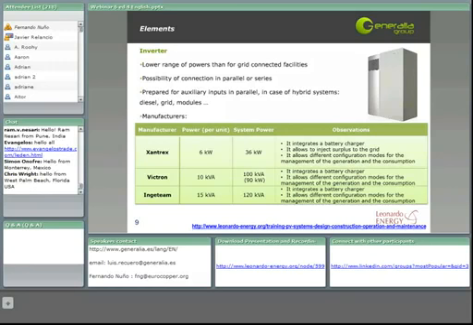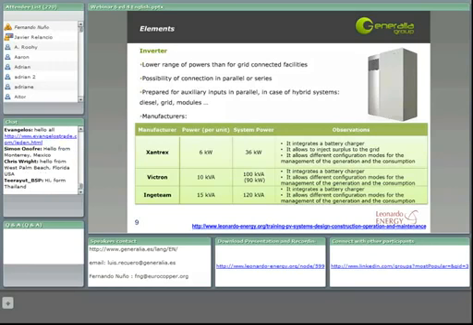So we can get to a system power, just giving a 3-phase signal, of 36 kilowatts for Santrex, 100 kilovolt-amperes for Victron, and 120 kilovolt-amperes for Ingeteam.